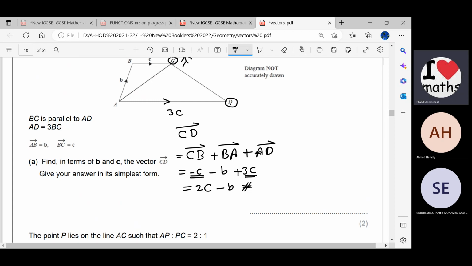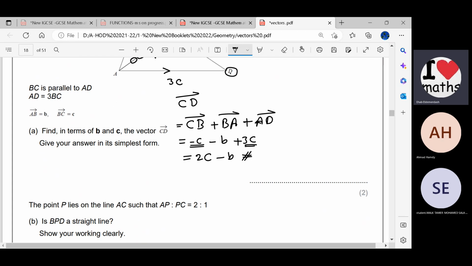There are some questions where they will not give you the ratio, so we make the ratio ourselves, which is a different story. In this easy question, point P lies on the line AC such that AP to PC is equal to 1.